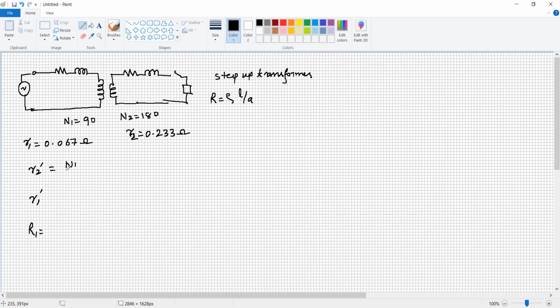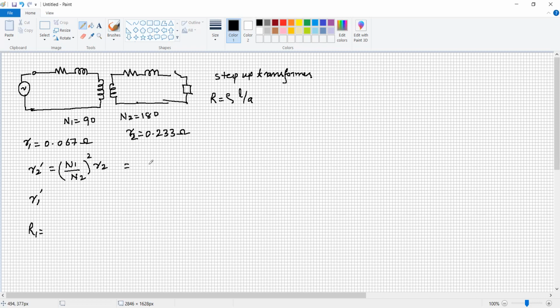So when it is referred to the primary side, what is that value? It is N1 upon N2 bracket square into R2. Our concept is that when the resistance of the high voltage winding is referred to the low voltage winding, its value should decrease. So under such a condition, we have to take the ratio N1 upon N2 in such a way that it is less than 1.